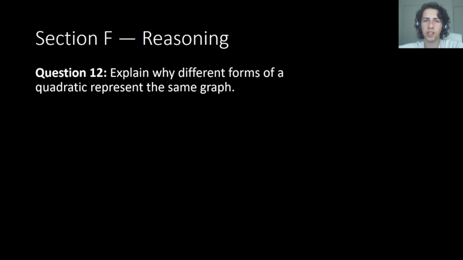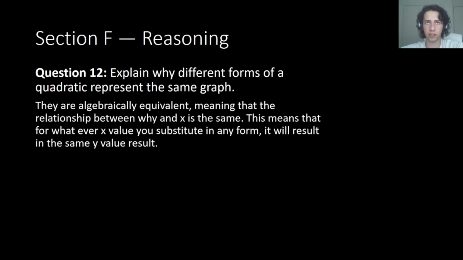Question 12. Explain why different forms of a quadratic graph represent the same graph. Well, simply put, they are algebraically equivalent, meaning that the relationship between the x and the y, wrong, y, I do apologize. So we're just going to get rid of this.